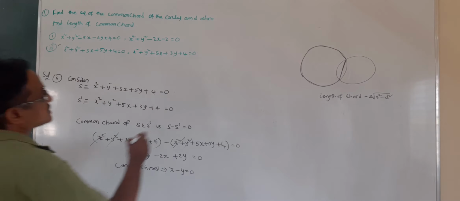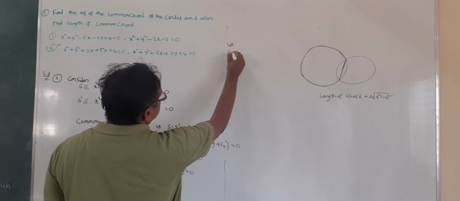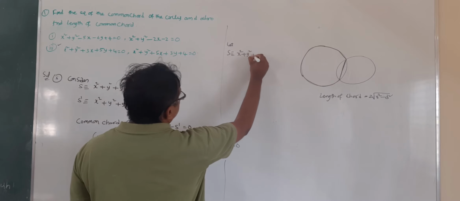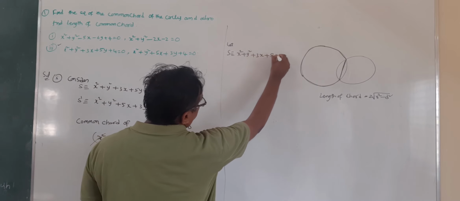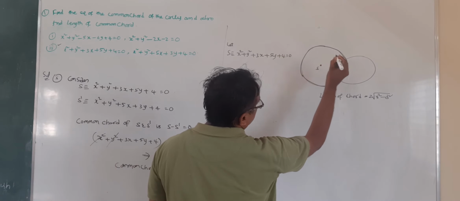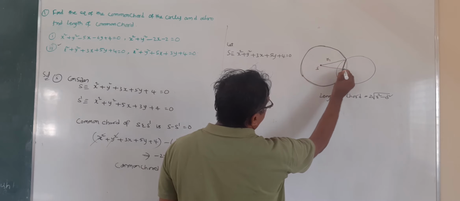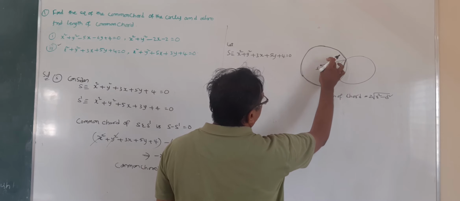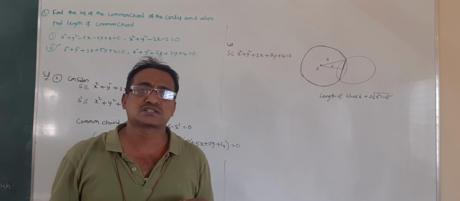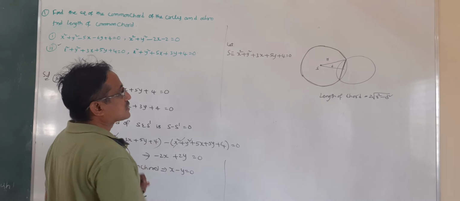So let us consider this circle S: x square plus y square plus 3x plus 5y plus 4 equal to 0. So I am considering this circle, with radius R and distance D. By using the formula 2 root R square minus D square, you will find the length of the chord.